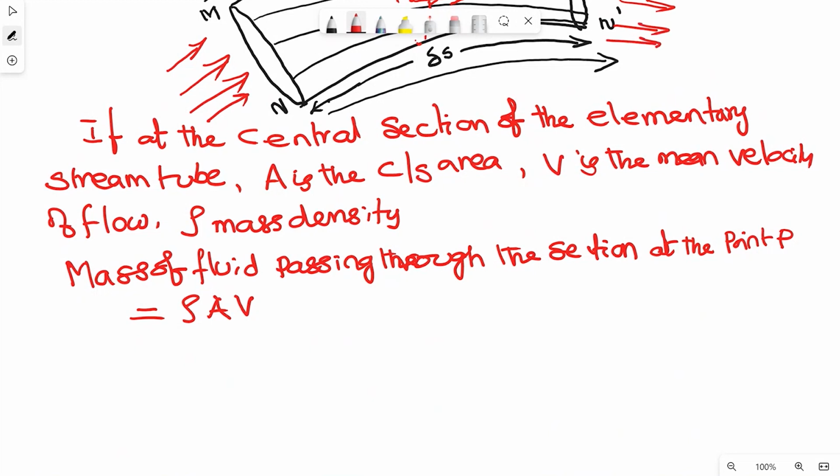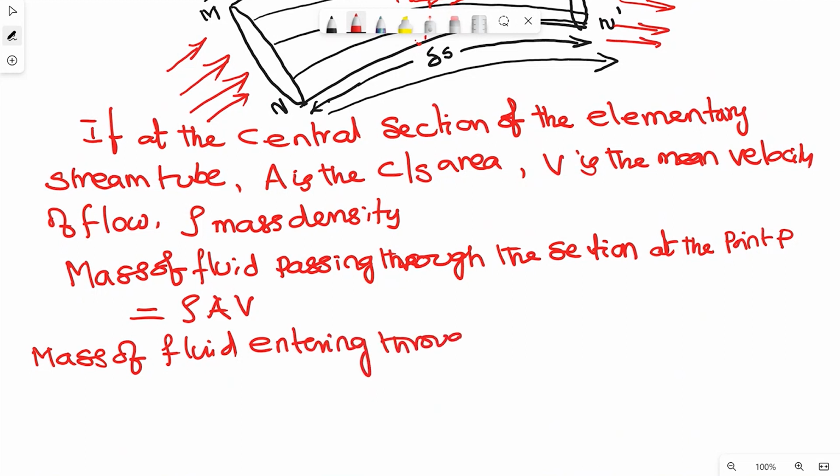So the mass of fluid entering through MN per second is equal to rho AV minus dou by dou s of rho AV into delta s by 2. The minus is because it is on the left-hand side.